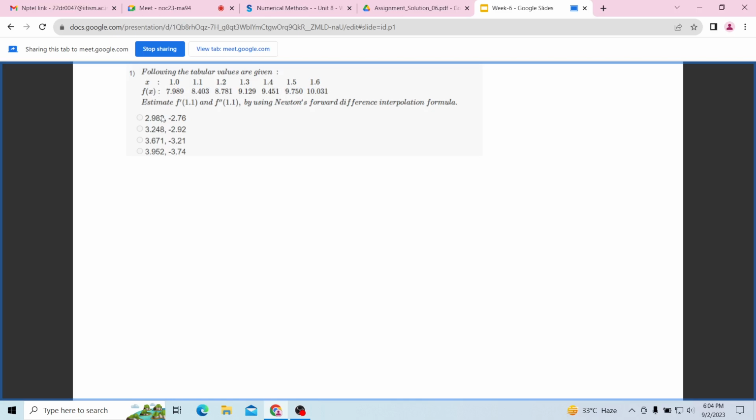You have to estimate f dash at 1.1 and f double dash at 1.1 by using Newton's forward difference interpolation formula. Please proceed and tell me what you are getting. Is it A, B, C or D?